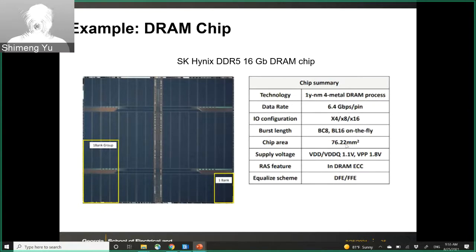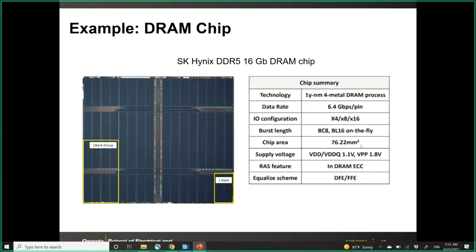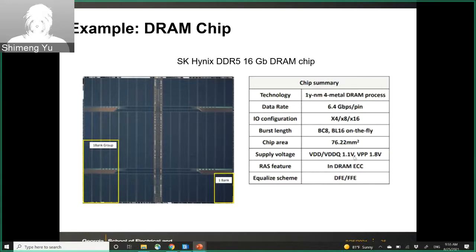The total chip area is about 76 millimeter square, and the VDD is about 1.1 volts, and the high power supply to drive the word line will be 1.8 volts. You see this is a very regular pattern in the DRAM chip, because most of the area is occupied by the DRAM cells. Here we have one bank group, and there are many banks in the DRAM. We'll talk about the DRAM organization later.